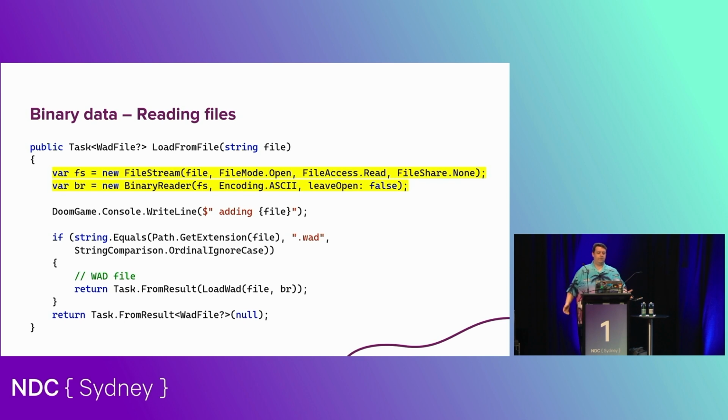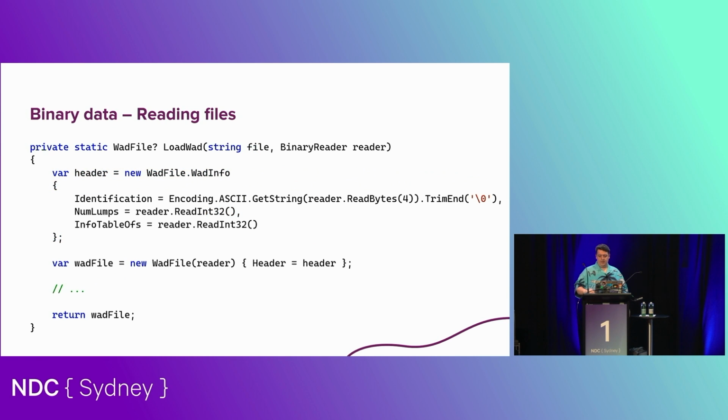And then the binary mode here is interpreted by calling a binary reader to that file stream. And because I already knew that inside the WAD file, if we encounter character data, it's going to be in ASCII encoding, I'm giving it the ASCII encoding immediately. And I'm also saying, hey, whenever I close that binary reader, you can also go ahead and close that file stream for me. So that's the equivalent of freeing my file handle as well.